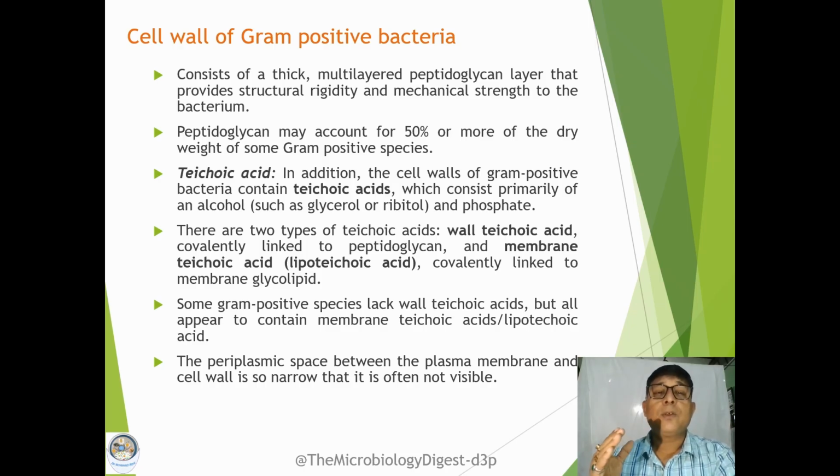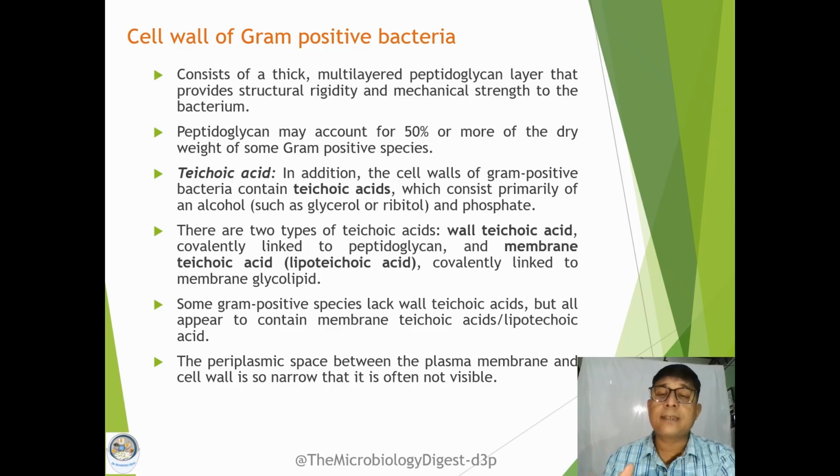Okay. Peptidoglycan in gram-positive bacteria may account for up to 50% of the dry weight. So 50% of the dry weight of the bacterium is provided by the peptidoglycan alone in gram-positive bacteria.